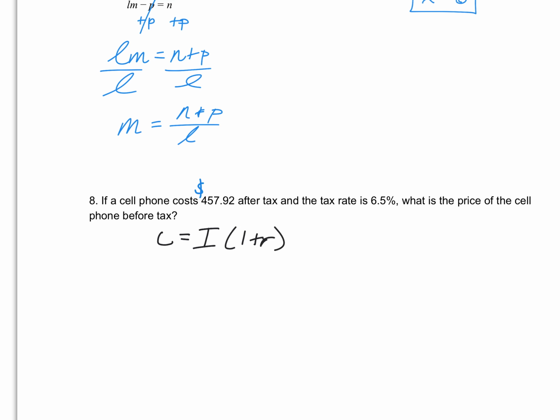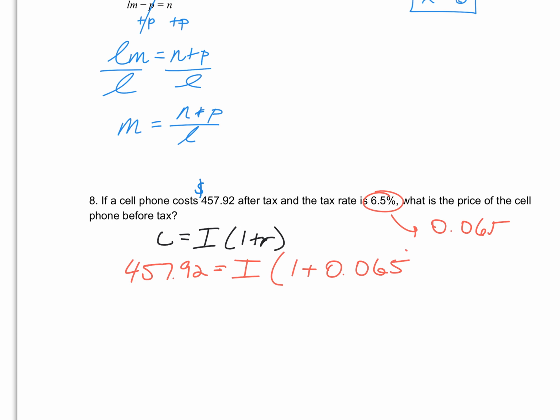So we know the total cost is $457.92. We're solving for our initial, and then we know 1 plus the rate. Remember, we need to convert that to a decimal. So you move that over 2 spots to get 0.065. So that's what I'm going to put in here, 0.065.